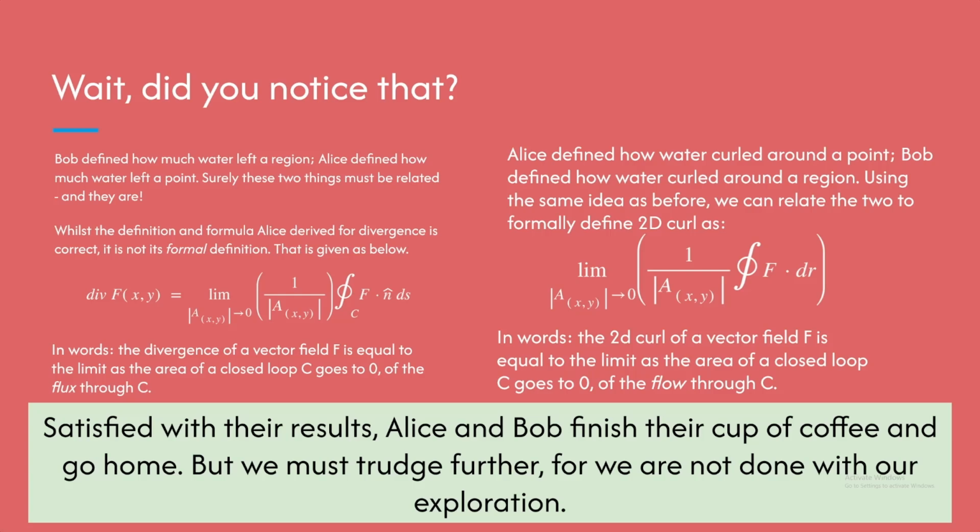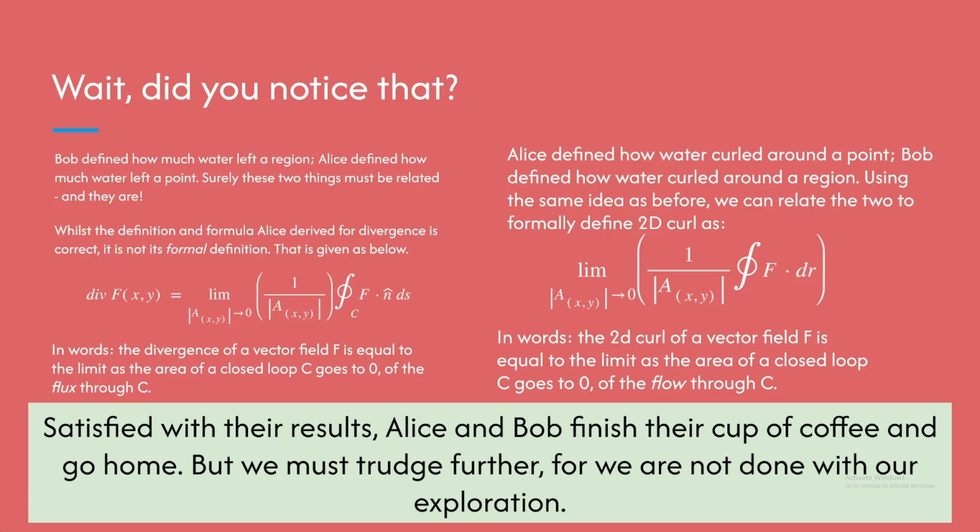But without further ado, let's summarize what we learned in the last video. We defined what divergence and curl were, these differential operators, and on the other hand, we defined a lot of integral operators. We had the arc length, the line integral, the flux integral, and the flow integral.